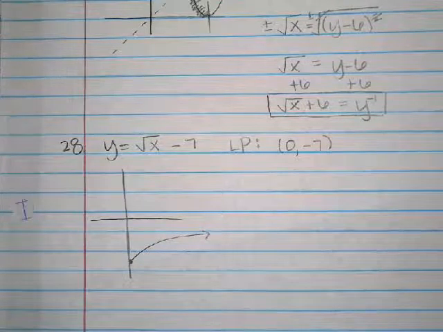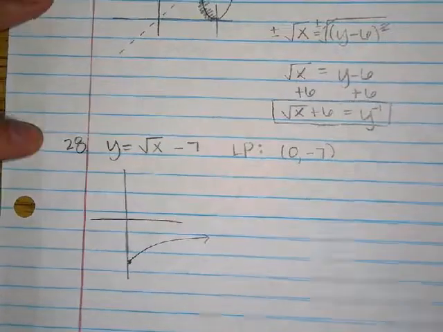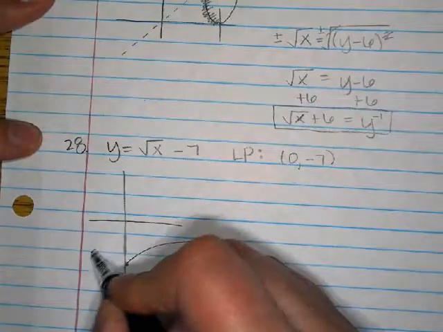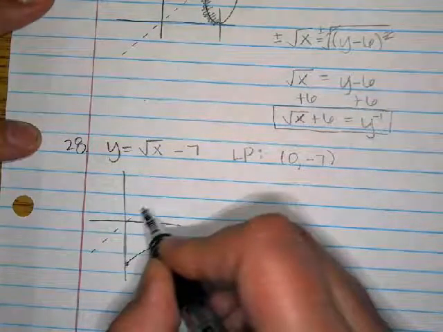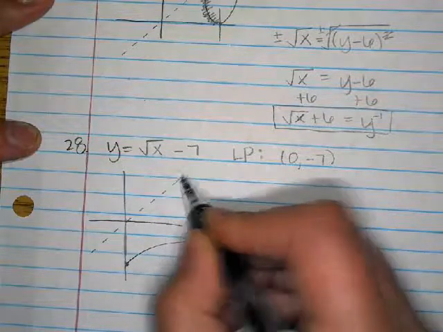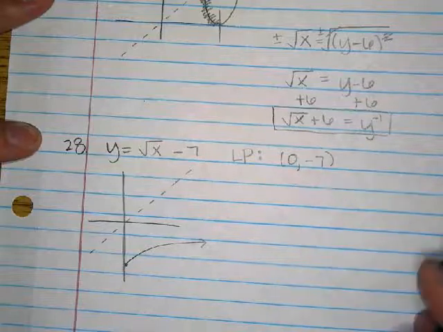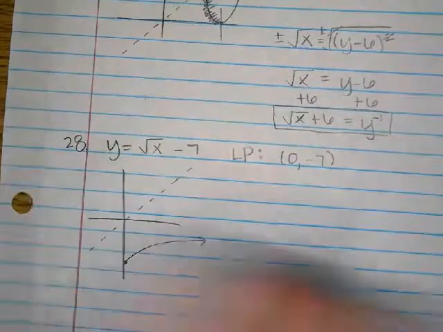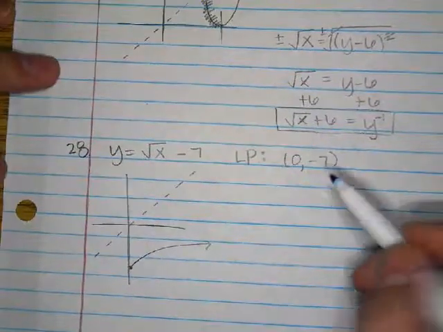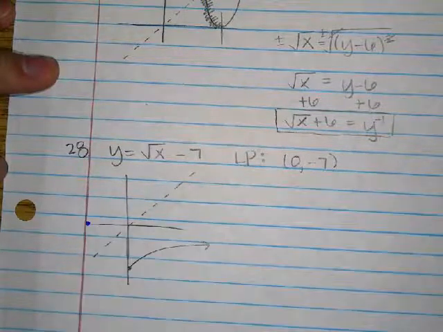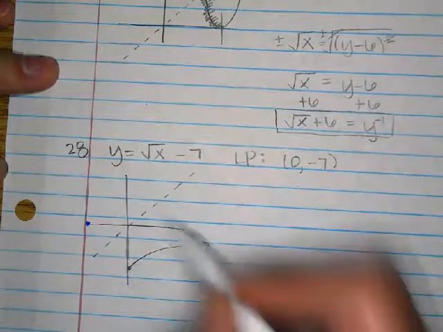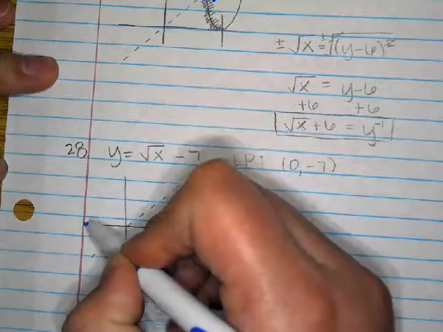And so if we think about what the inverse graph would look like, it would be negative 7, 0, somewhere over here. And then this one's kind of arching away from the dotted line, so this would kind of arch away from the dotted.